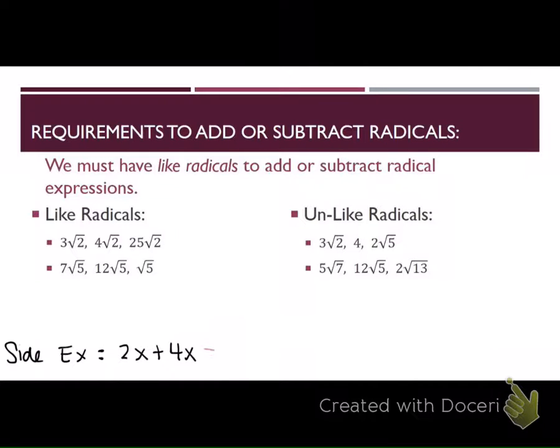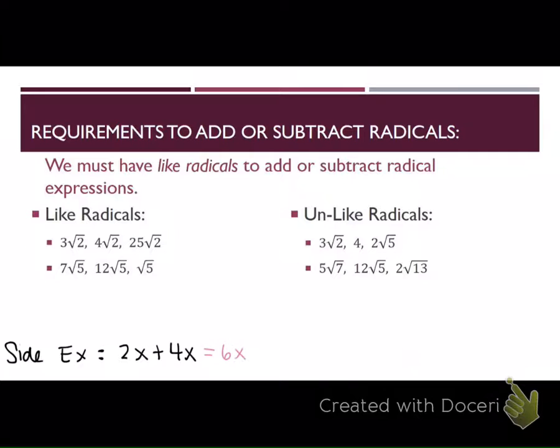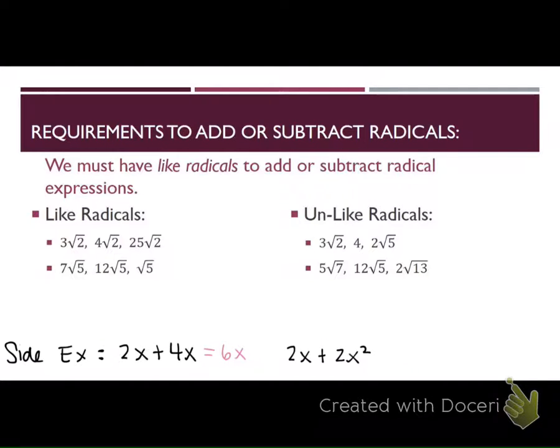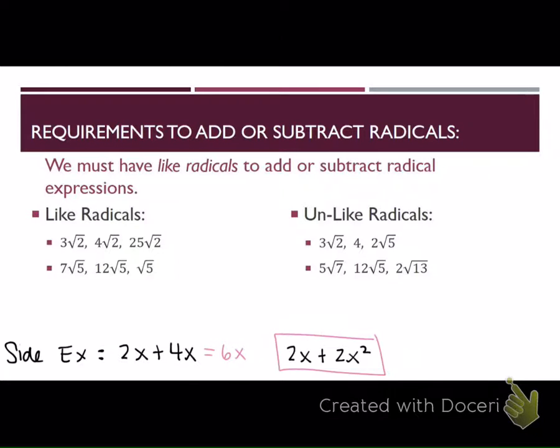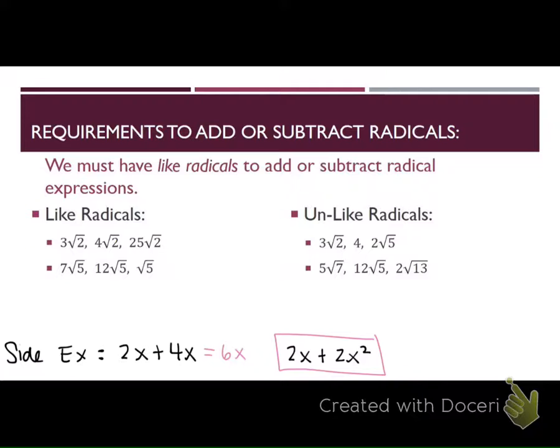And that becomes 6x. Do you guys agree? But if you have 2x plus 2x squared, can you add those? No, that is just simplified by itself. So this is just a side example to get us understanding what I'm doing here.